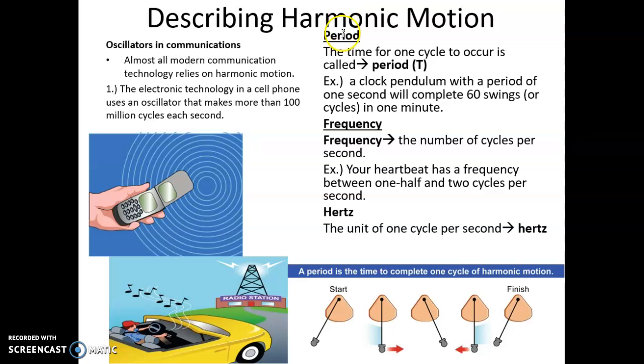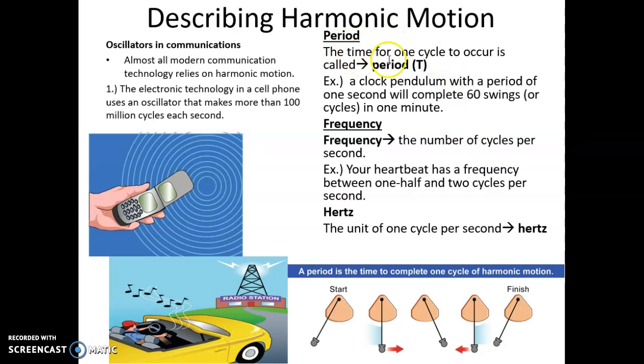Okay, period is the time that it takes for one cycle to occur. Remember, one cycle is one complete back and forth motion. If you're talking about the swinging of a pendulum, it would be one complete back and forth motion. If you're talking about the spinning of a wheel, it would be one rotation of the wheel.